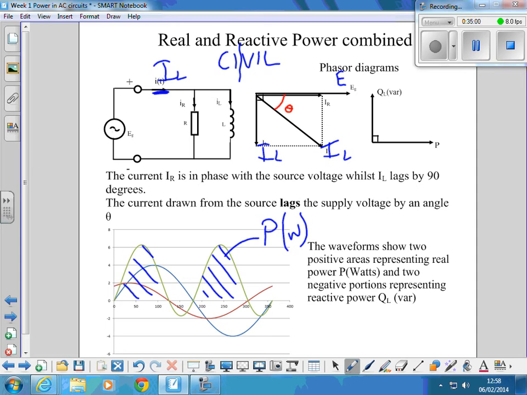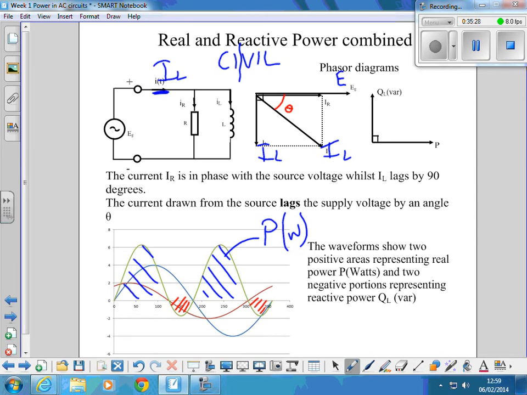These two small bits down the bottom here, there, and there, their size again will depend upon the relationship between how much in phase current and how much out of phase current we've got, i.e. the difference between the reactive and the active currents.